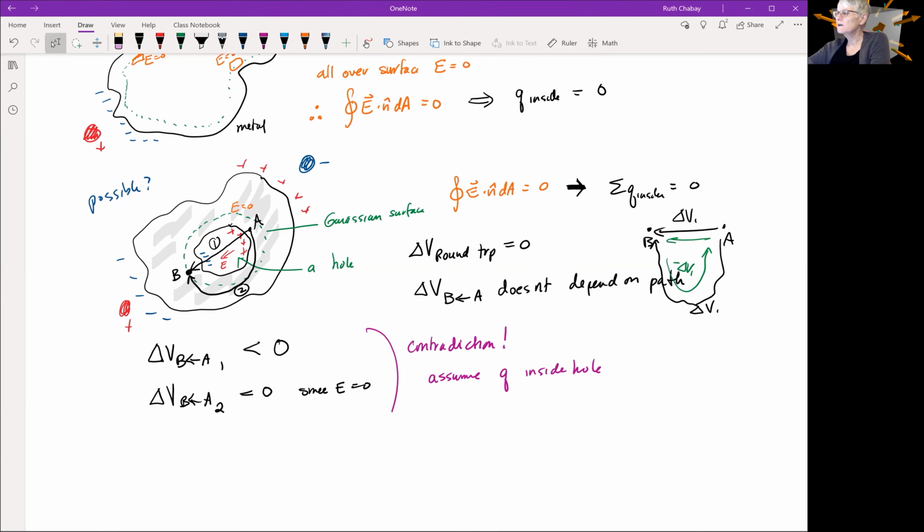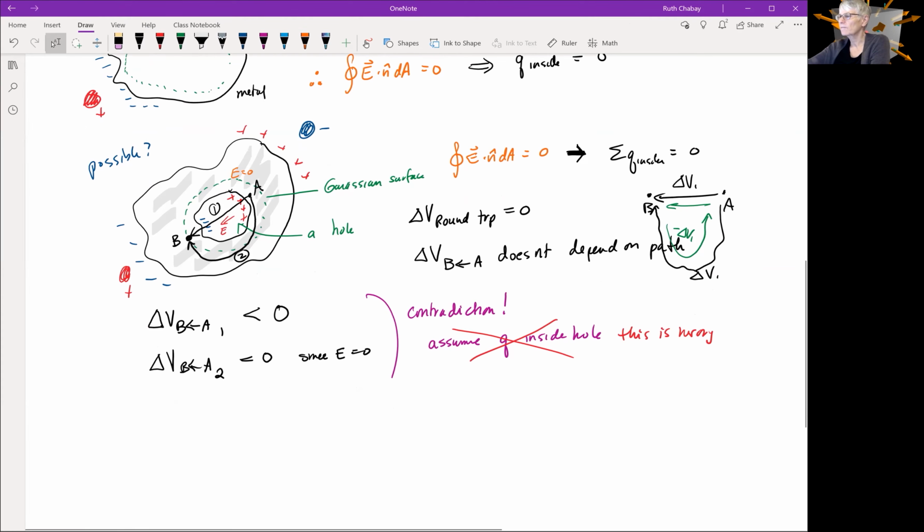And that must mean that our initial assumption was wrong. So, whoops, I didn't mean to cross that out. I mean to cross this out. So in fact, there can be no charges inside the hole.